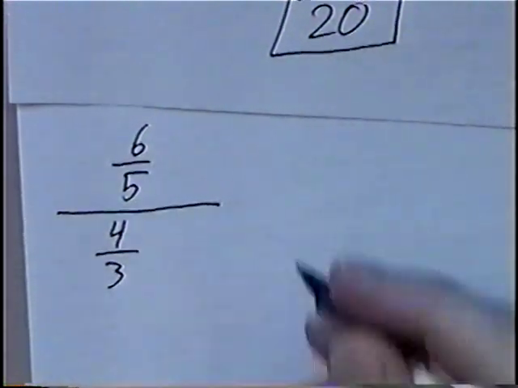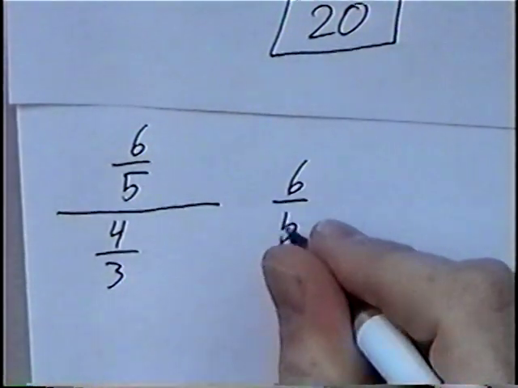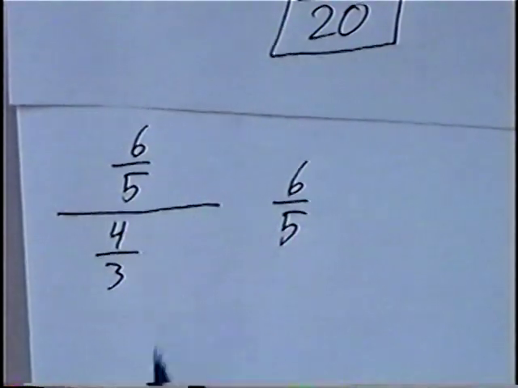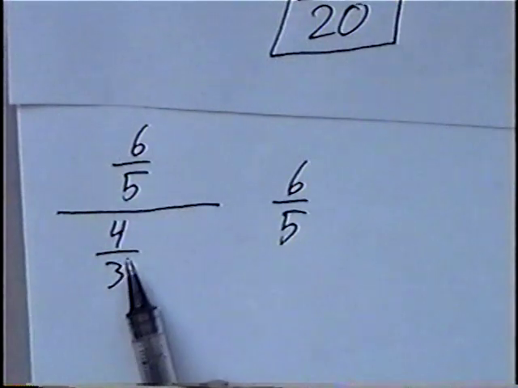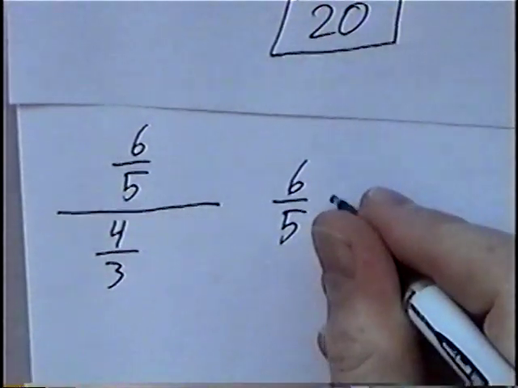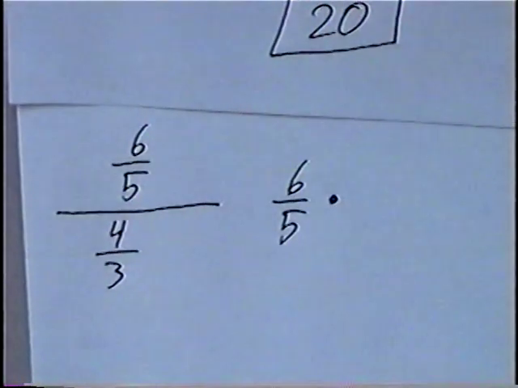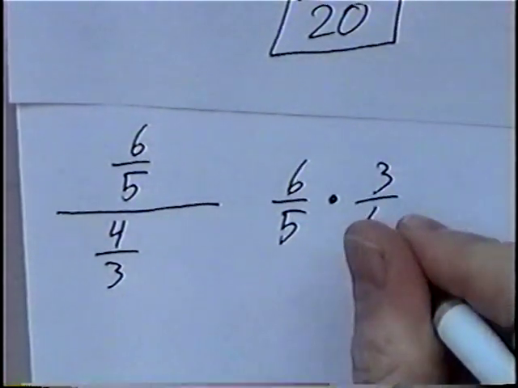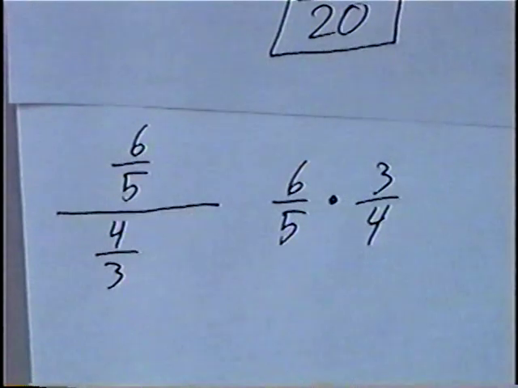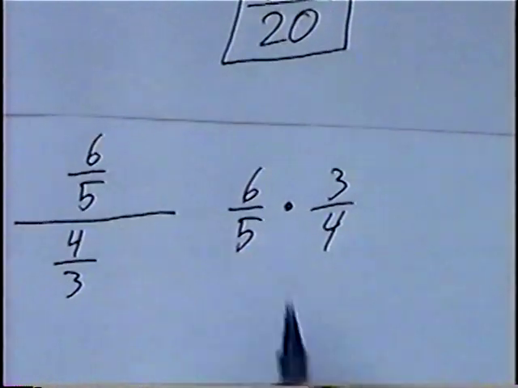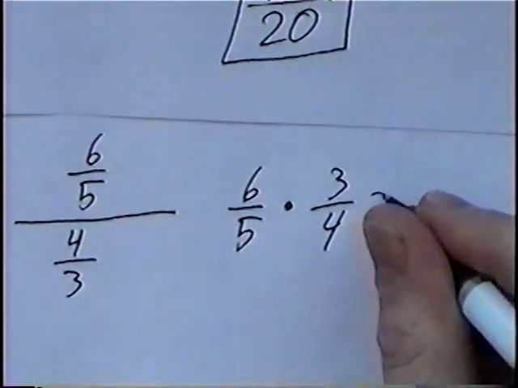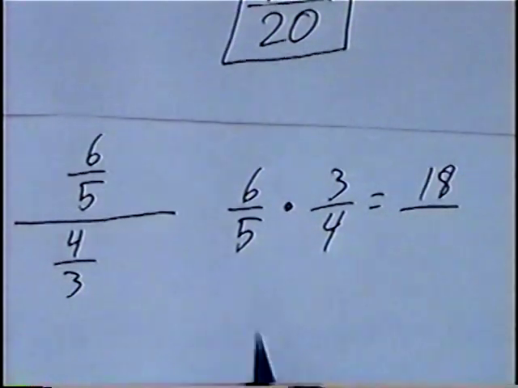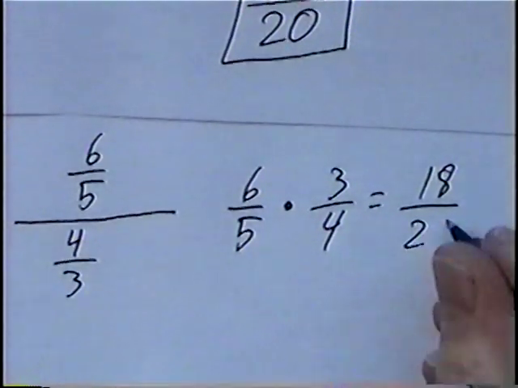If we take the first fraction and rewrite that the same, 6 over 5, and instead of dividing by 4 over 3, we can change the dividing to multiplying, and the reciprocal of 4 over 3 would be 3 over 4. Multiplying straight across, 6 times 3 would be 18, and 5 times 4 would be 20.